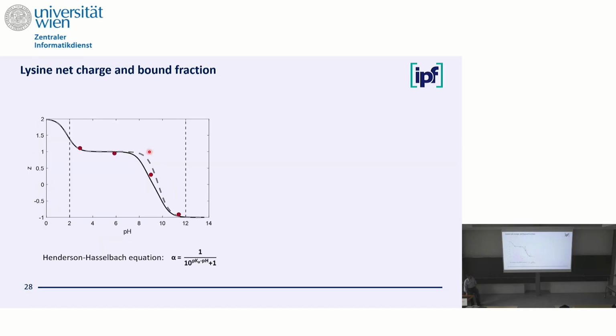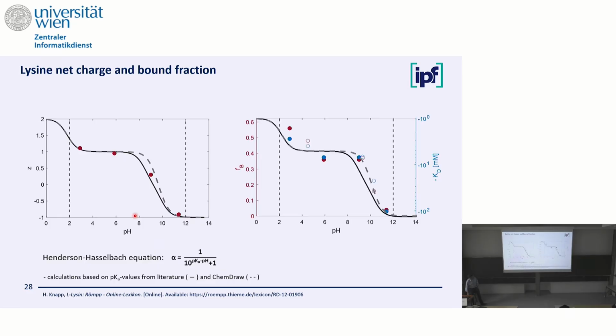Roughly here, but maybe I look for a bit of a summary now. First, we looked at the Henderson-Hasselbalch equation and charge that we get for the lysine, just looking at different literature values for the KAs, and then we look at the bound fraction on the left axis, the red point.